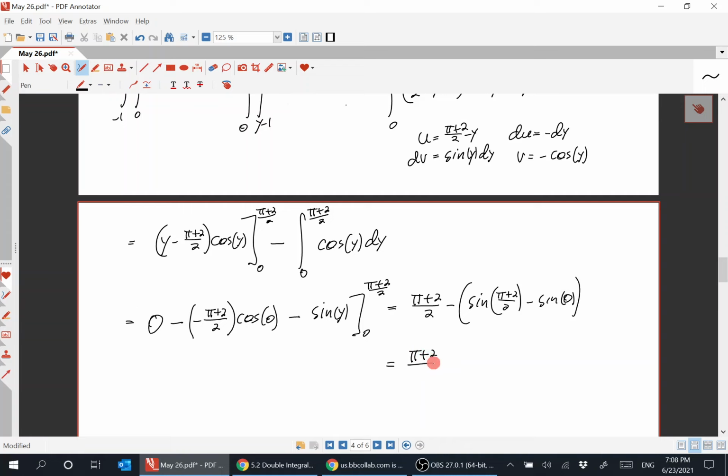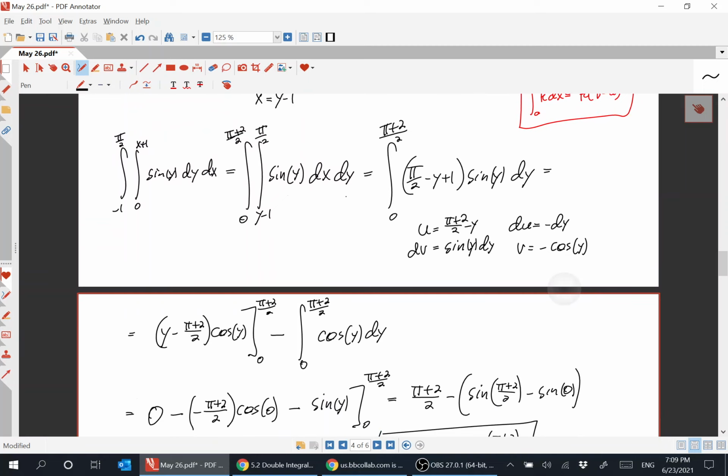So we just get pi plus 2 over 2 minus sine of pi plus 2 over 2, whatever that is.